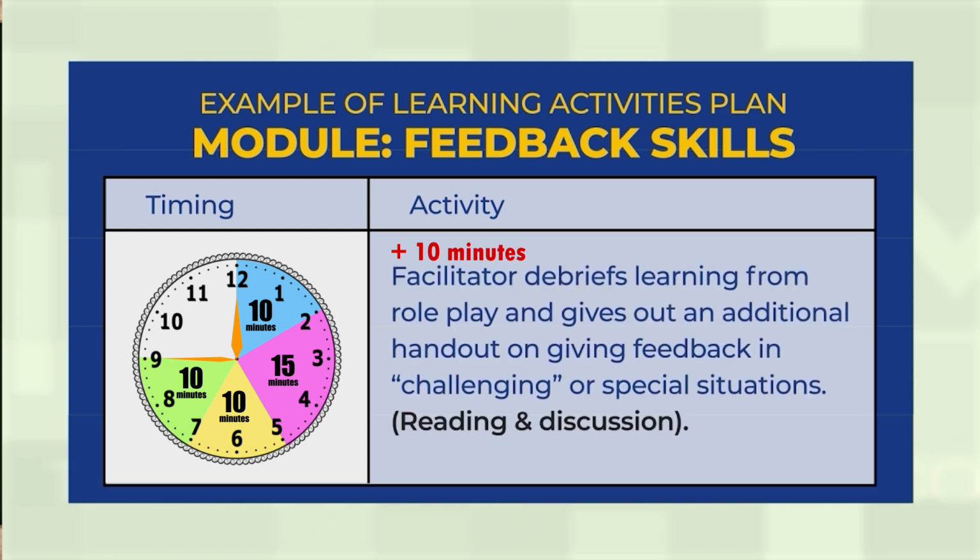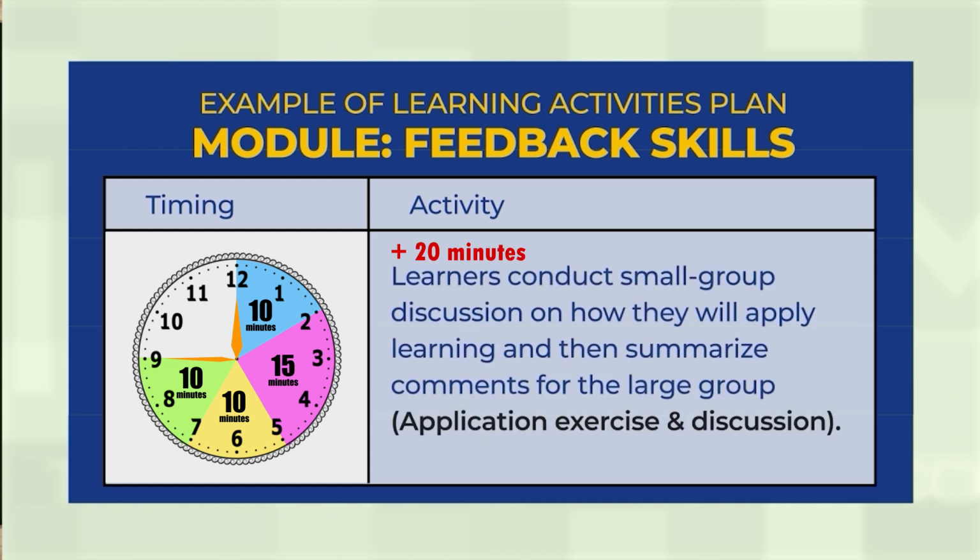In the next 10 minutes, the facilitator debriefs learning from the role play and gives out an additional handout on giving feedback in challenging or specific situations. This is reading and discussion. In the last 20 minutes, learners can conduct small group discussion on how they will apply learning and then summarize comments for the large group. This becomes an application exercise and discussion.